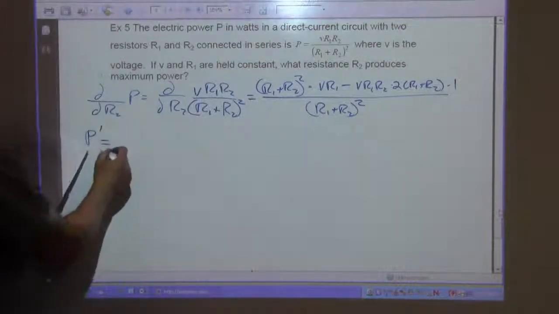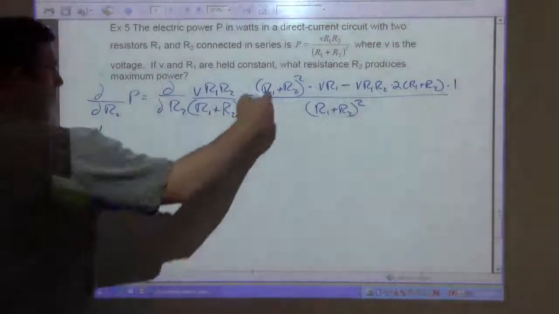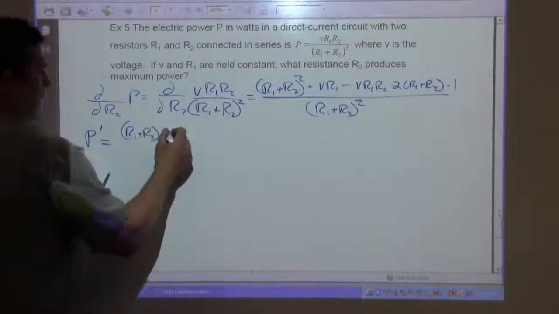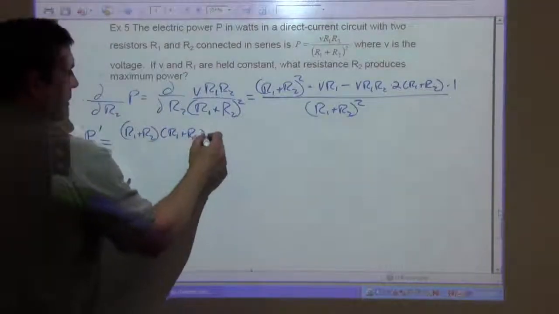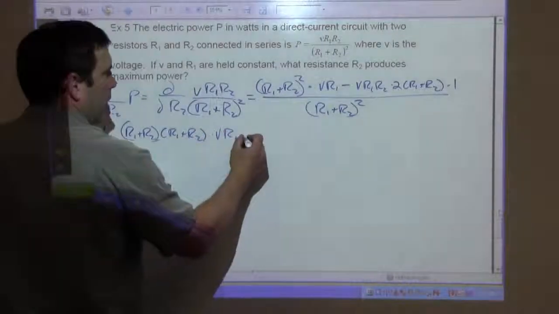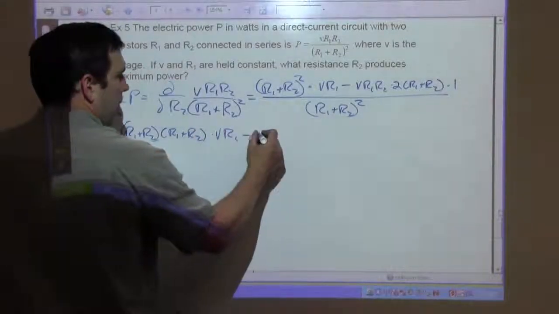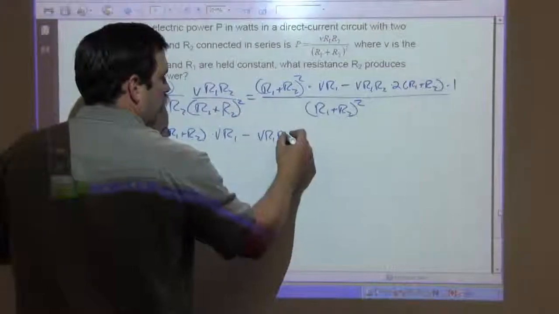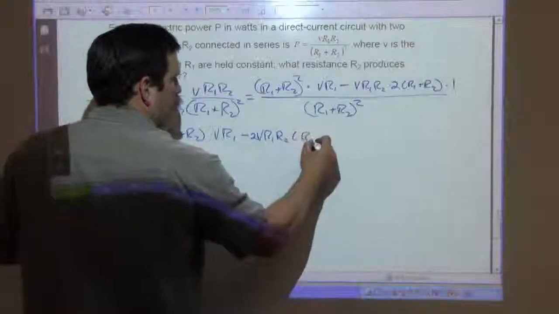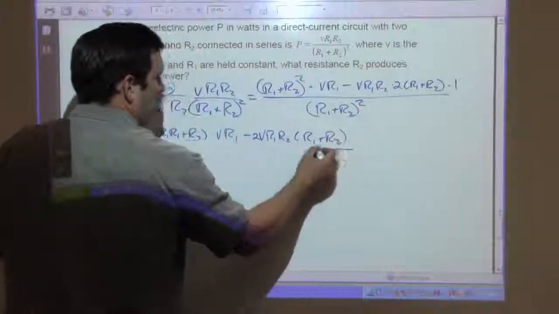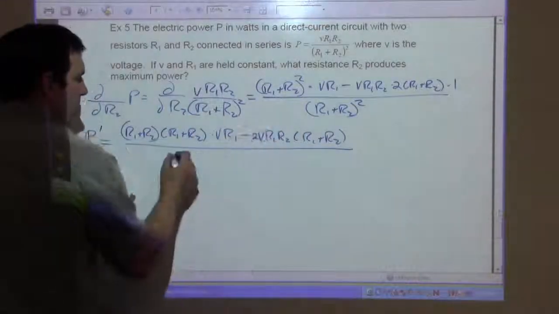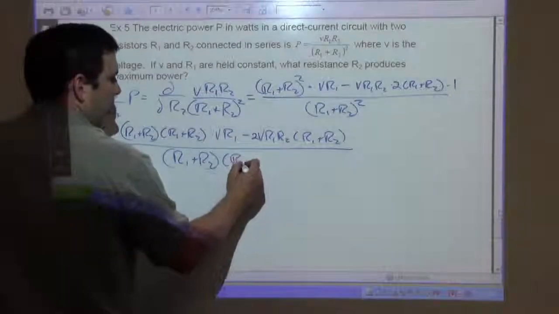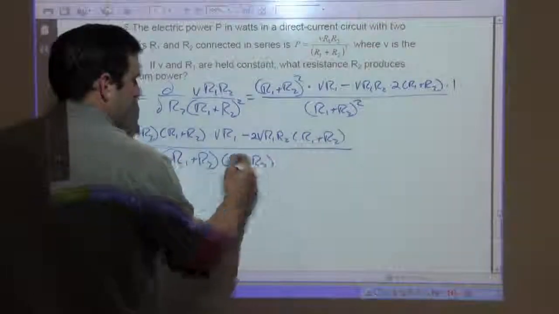So P prime is going to be, from here, that's like an R1 plus R2 times R1 plus R2 times V R1, minus V R1 and R2, the two out front, times R1 plus R2, over, down below, that's an R1 plus R2 times R1 plus R2.